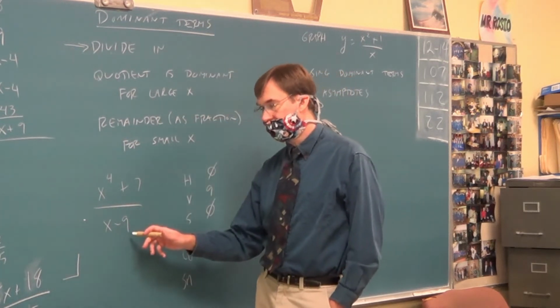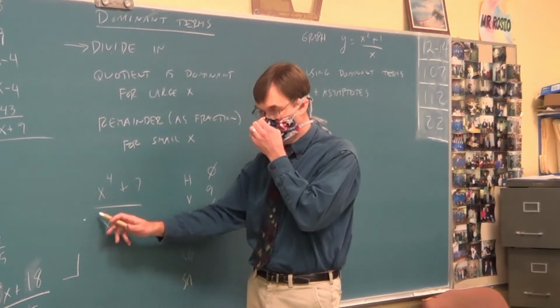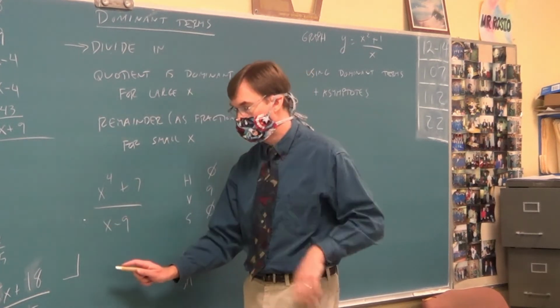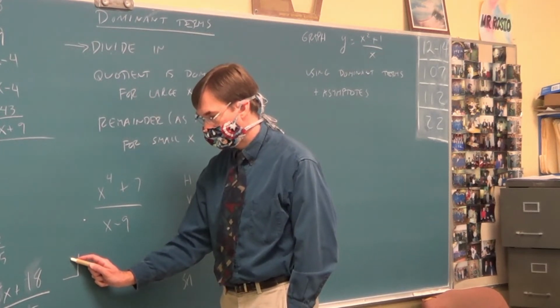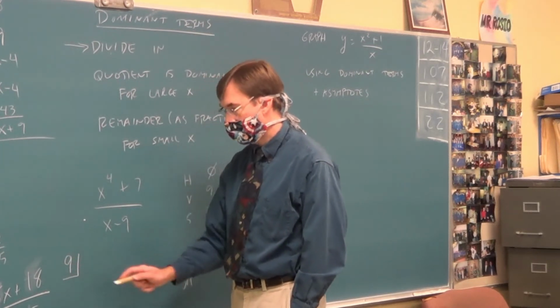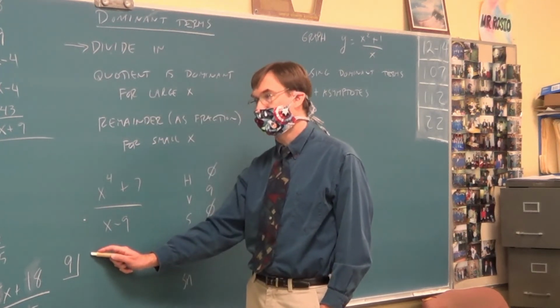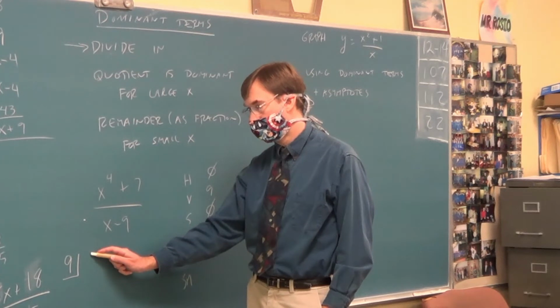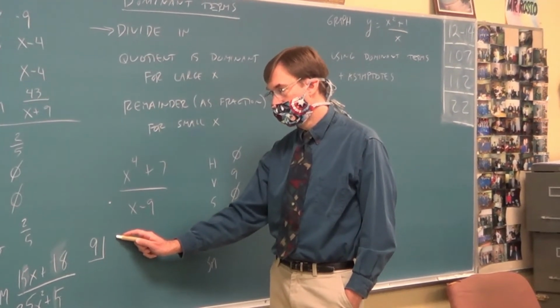Does this work for synthetic divide? Yes, because the bottom has a lonely little x. No numbers, no powers, no nothing, lonely little x. So who goes in the box? Positive 9. And then what's a little bit tricky about the coefficients this time? We have to leave gaps.